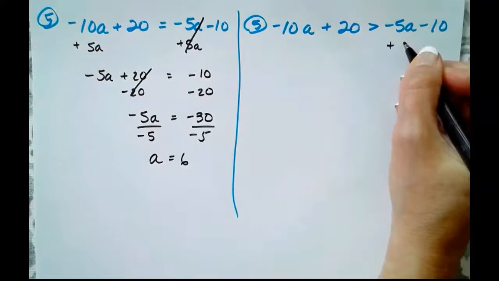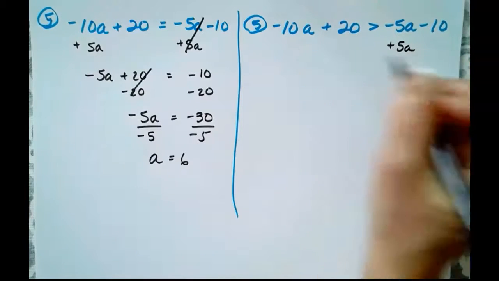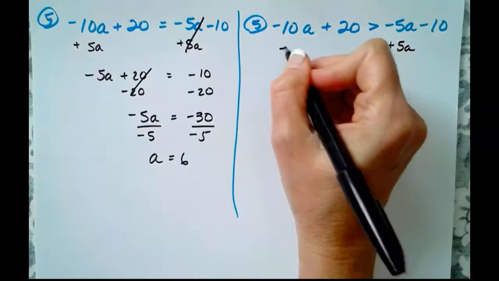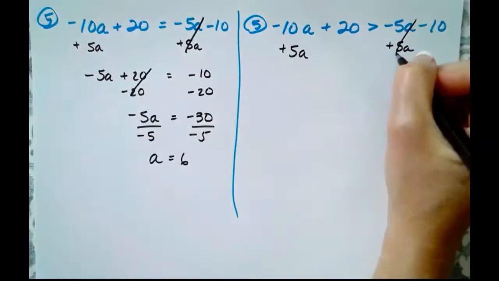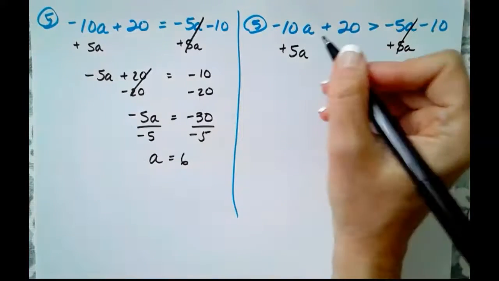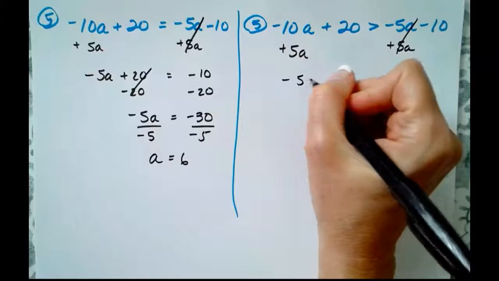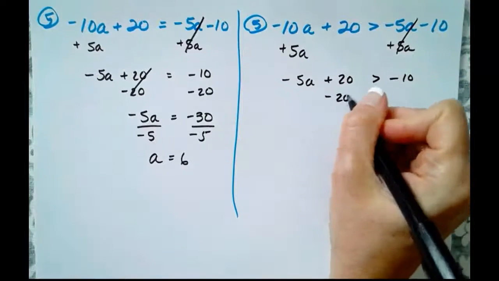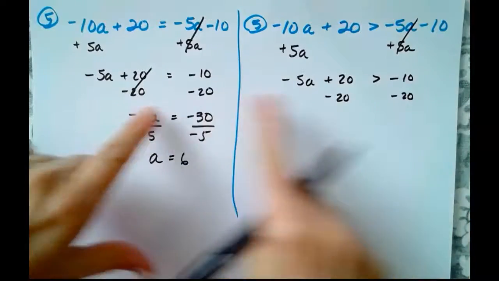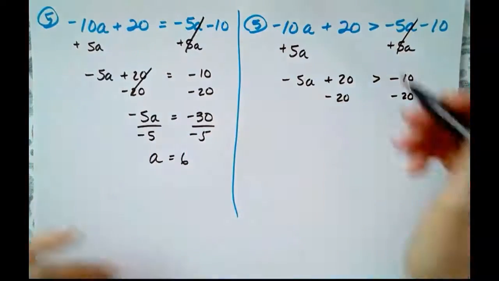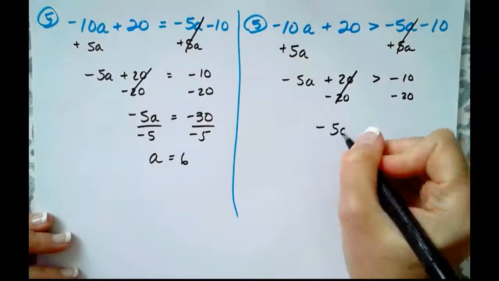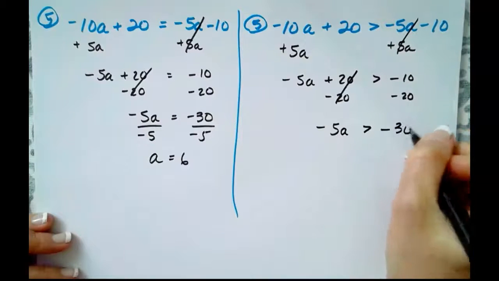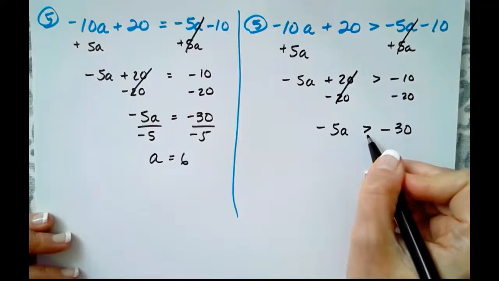Remember, we want our variable expression, our variable a, we want it on the left because that's how our brains work. Our brains read from left to right. We want our variable on the left. I'm doing the same exact steps from the equation. But this time, I've got an inequality.